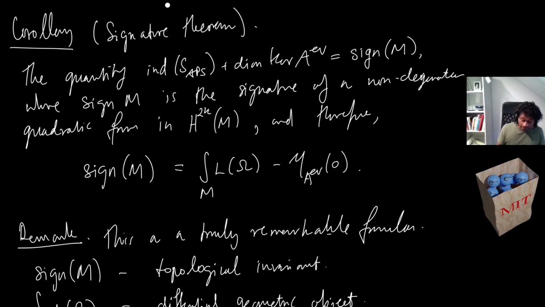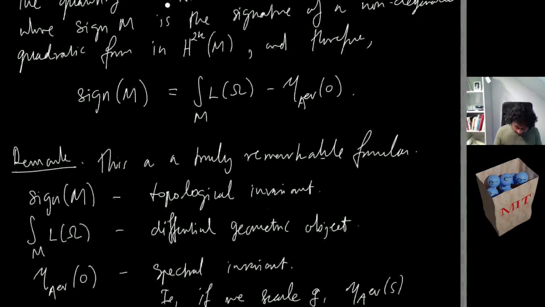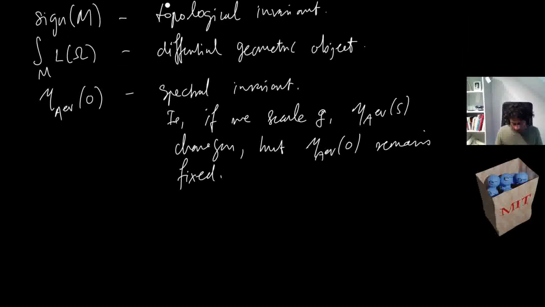So if we move the metric, of course, the operator also moves. The kernel of A even, potentially, well, actually, it could move. If we move the metric, it could move. That's true. But the sum of the two remains invariant, and it's equal to something topological.